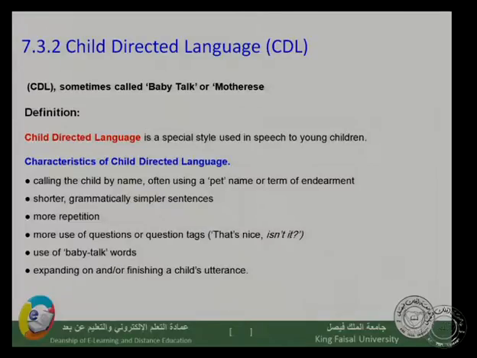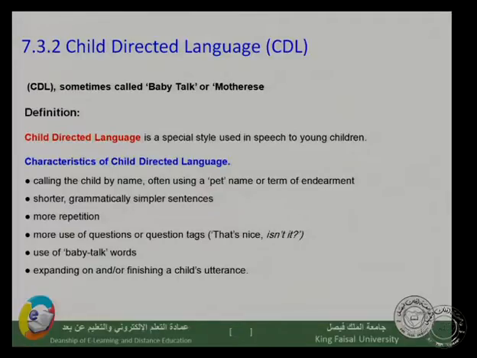You need to speak slowly, you need to emphasize words so that the child can understand, because his ability to process language is very different from yours. So this is what we mean by child-directed language, which is a special style used in speech to young children.